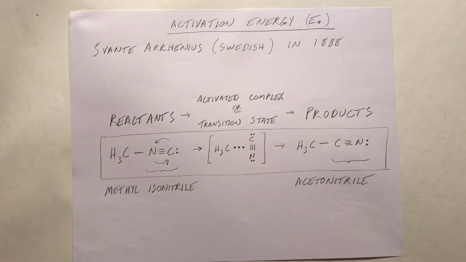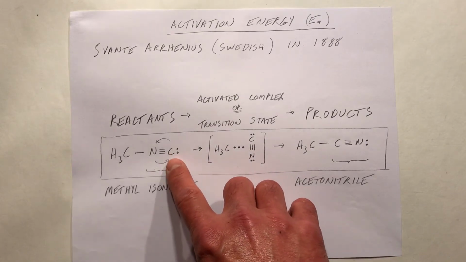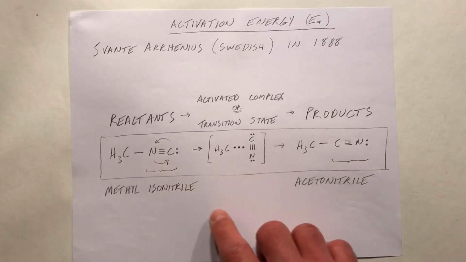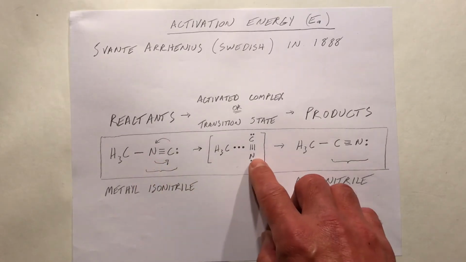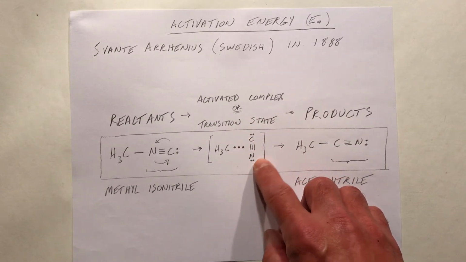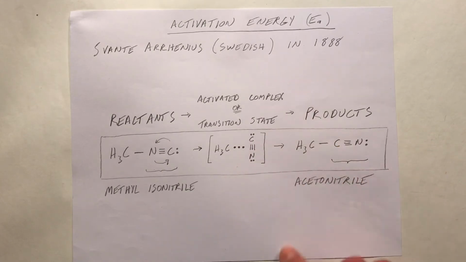We could say that when this happens, between here and here, there is a transition state where the CN bond would be broken and the molecule would be in the process of flipping this end of it over before products were formed.